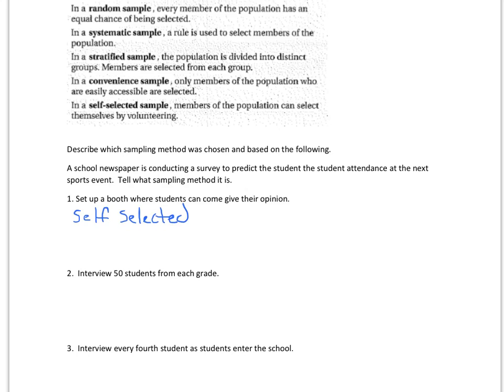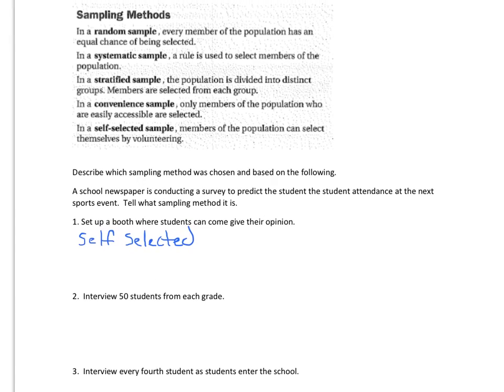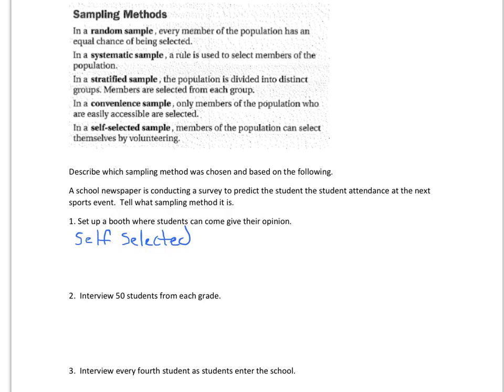So, interview 50 students from each grade. Let's see. A random sample: every member of the population has an equal chance of being selected. Nope, not the same chance, because aren't there more students in one grade than the other? So that's not the same. A rule is used to select members of the population.